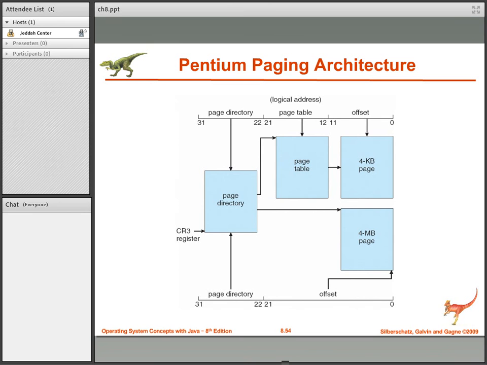The page directory goes into the CR3 register, and the page table goes into a page table, and the offset goes into a 4 kilobyte page. So the offset is within the allocated space. The page directory can also go into a 4 megabyte page to give you the final location.